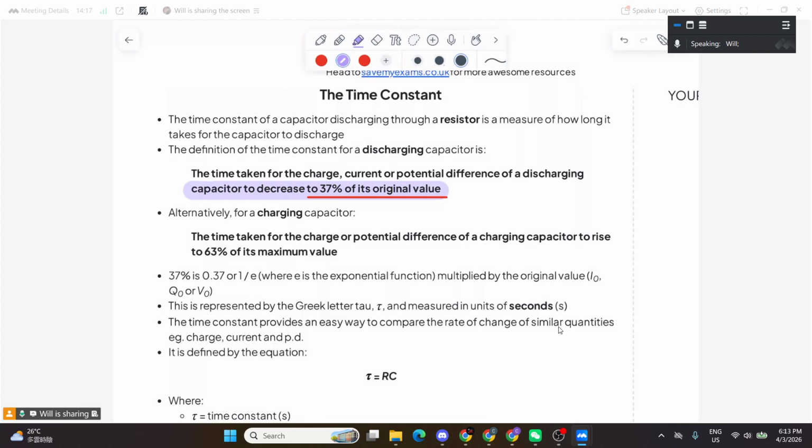The energy of the capacitor decreases to 37 percent of the original value, and we call that time the time constant.